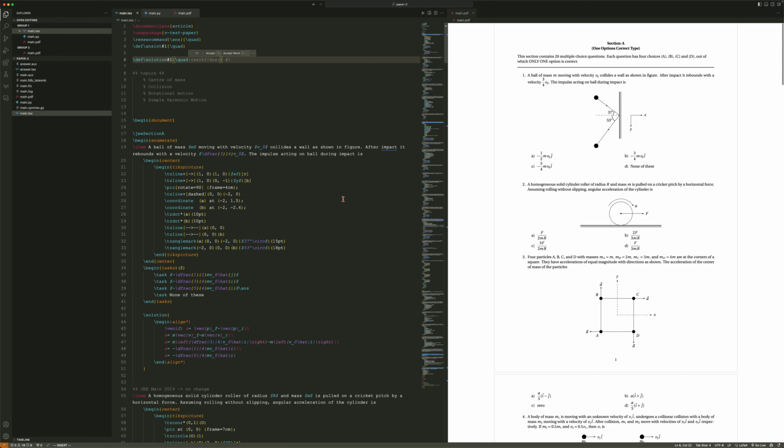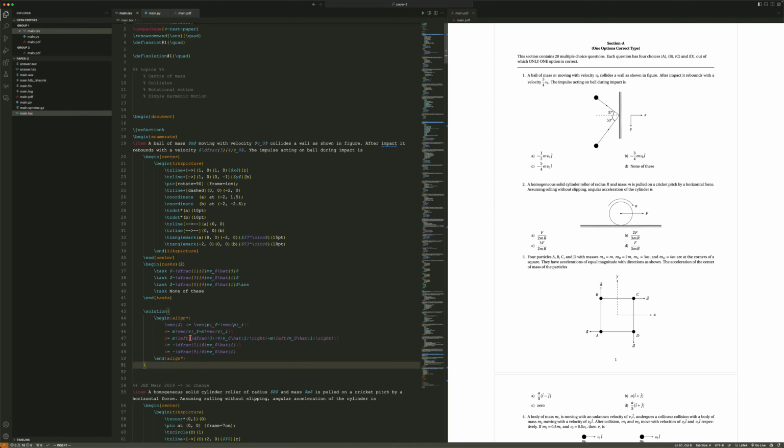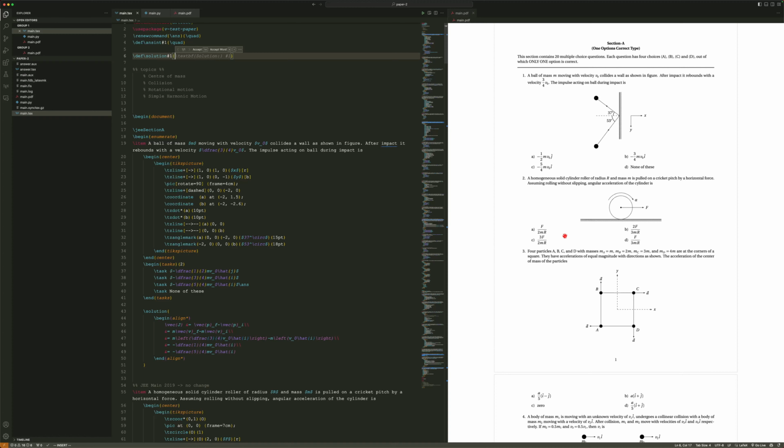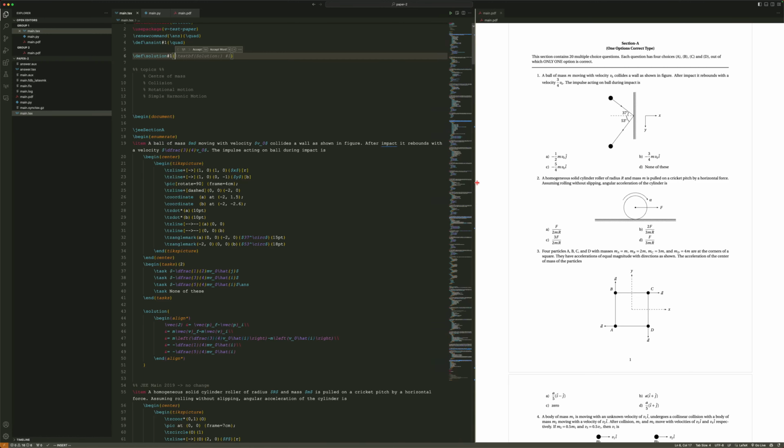As you can see, as soon as I run this code, the solution still exists in the document, but it is not rendered in the full document because we just replaced the whole thing with a quad, or a singular space. Or even we can replace the whole thing with nothing. It will be better, I think. As you can see, previously there was a space in between the questions, but now there's nothing.